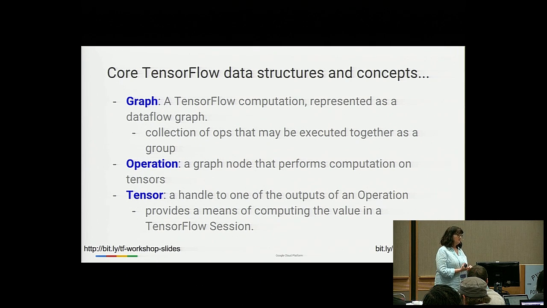There's an operation, so that's a graph node that performs some computation on a tensor, these dynamically sizable n-dimensional matrices. And then there's tensor. In the sense of a TensorFlow data structure, a tensor is a handle to one of the outputs of an operation. And so you'll see what I mean by this when we start to build actual graphs.